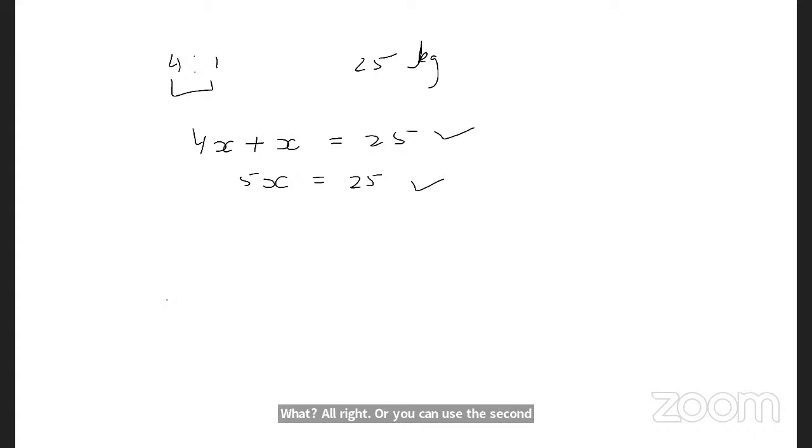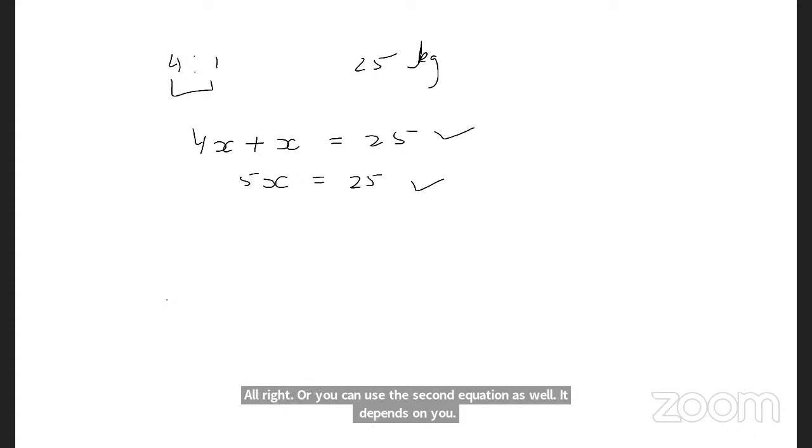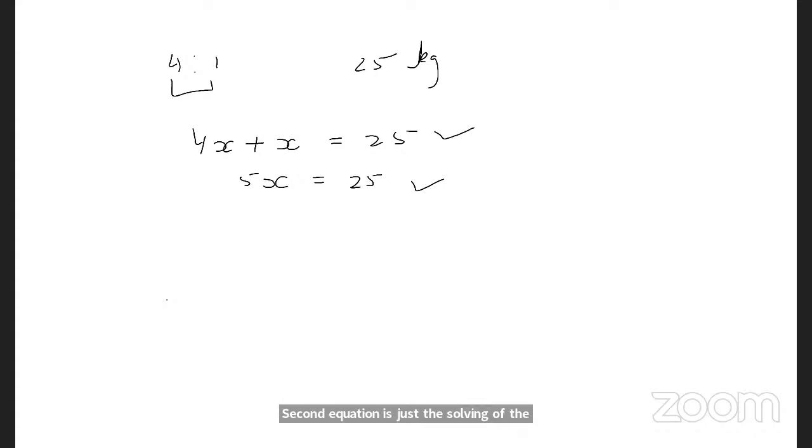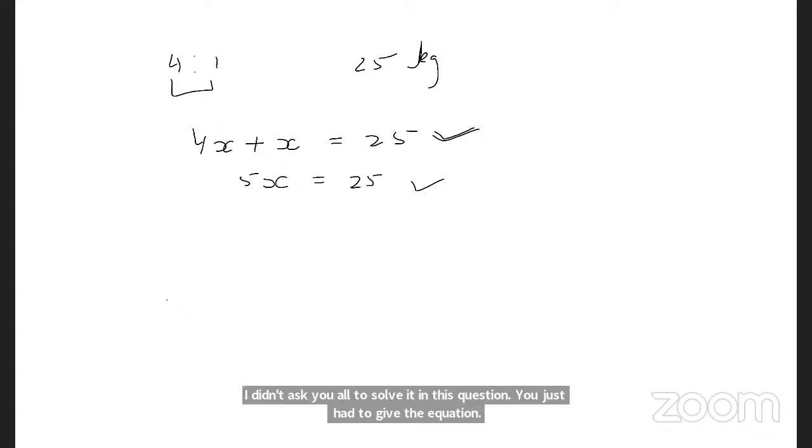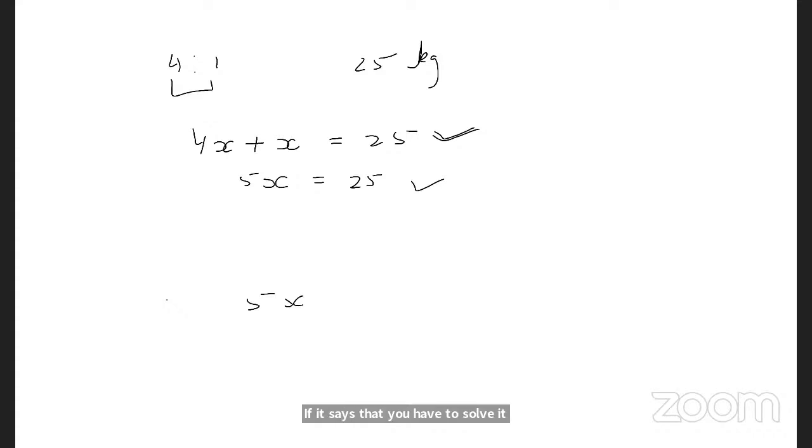It depends on you. The second equation is just combining together the variable terms in the first equation. Even if you do this one and leave it, it's fine, because I didn't ask you all to solve it in this question. You just had to give the equation. If it says that you have to solve it, then we will solve it.